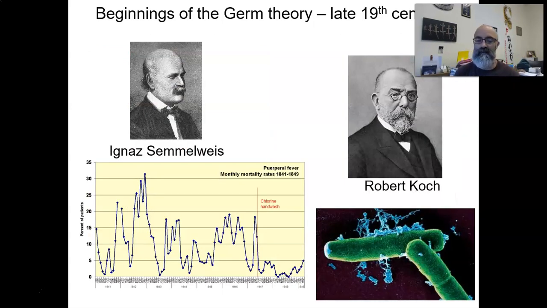So Semmelweis says that's not true, right? But here's a great example of how science is not perfect, right? Because if science is not dogmatic and scientists are not dogmatic, then when we get new evidence, we'll quickly change our mind, right? But instead, all these doctors kind of made fun of him.